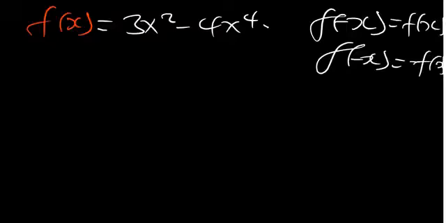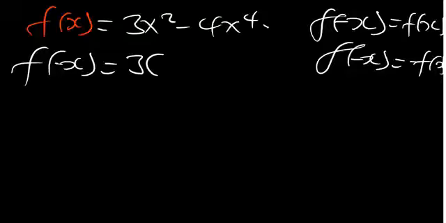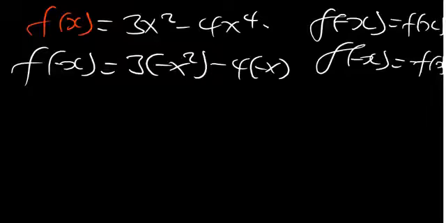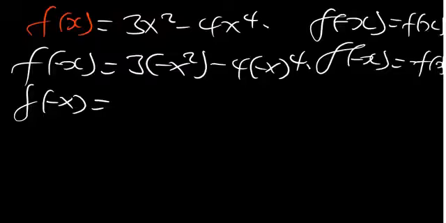So for example, f of negative x is going to be equal to 3 times negative x squared minus 4 times negative x to the power 4. Negative x squared is going to give us x squared, so it's going to be 3x squared minus x to the power 4 is going to be x to the power 4.